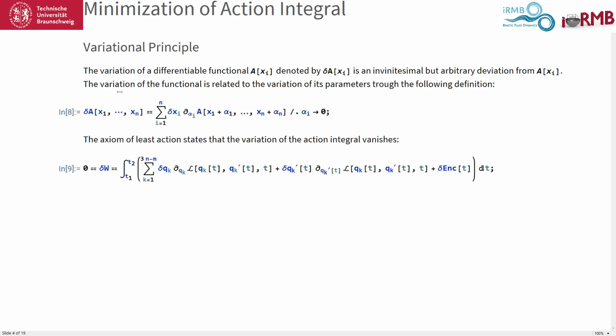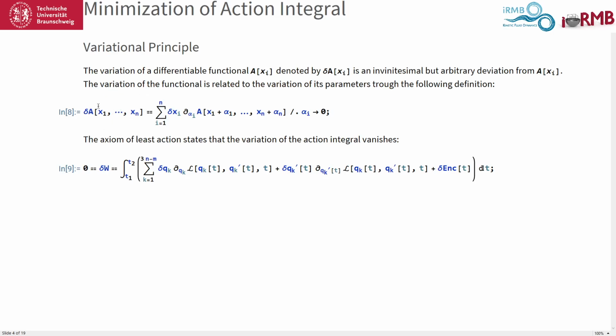The difference between this and an actual derivative is that when you take a derivative by x, you make x small. Here you already have a path and you make the difference from this path small. Now you can define this like this.